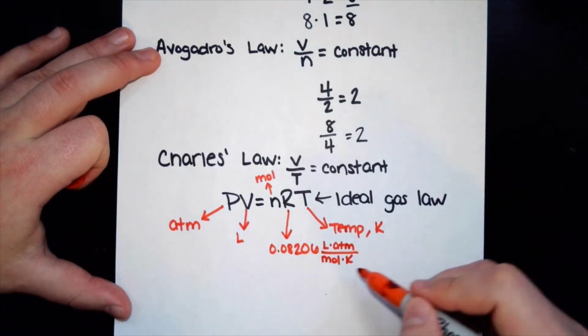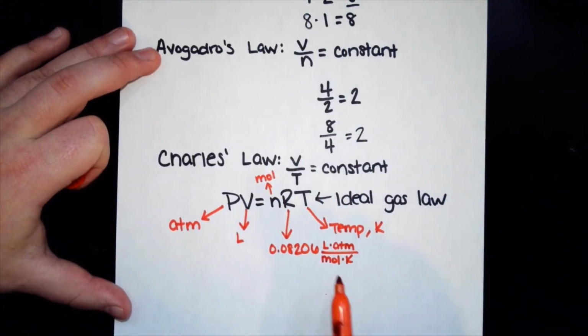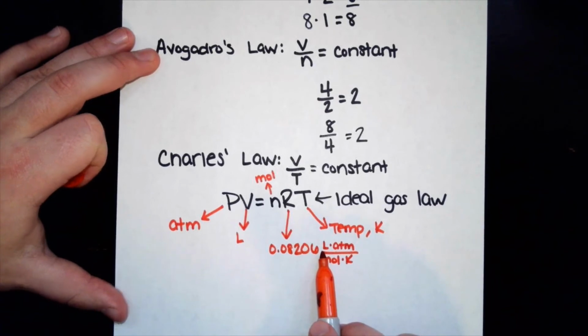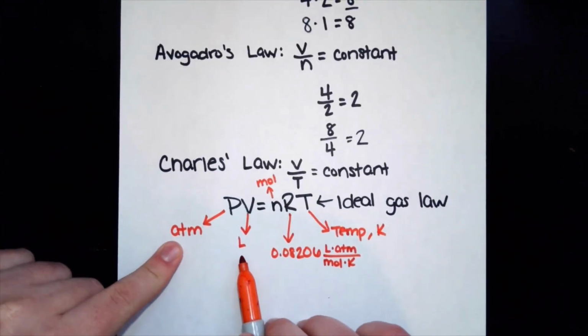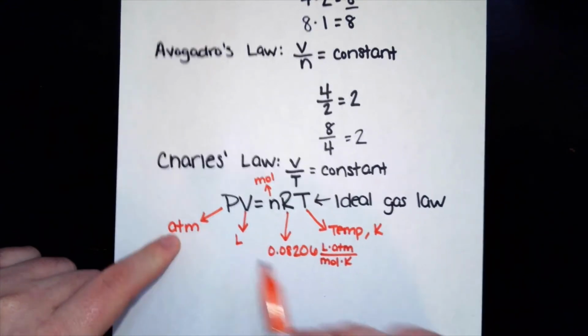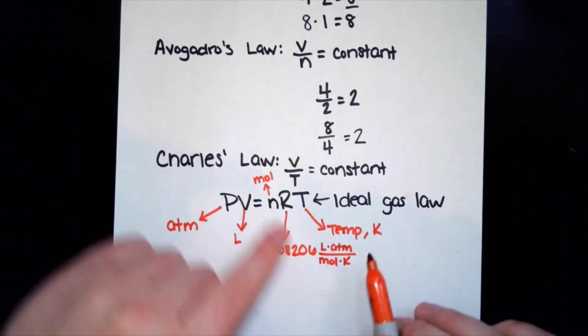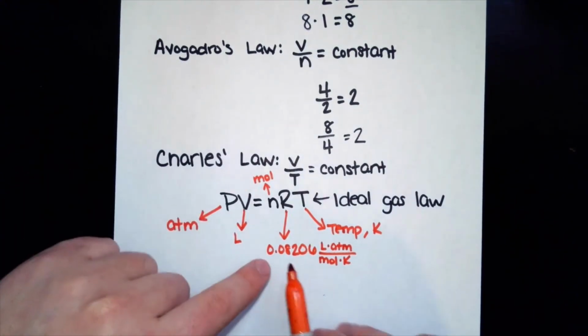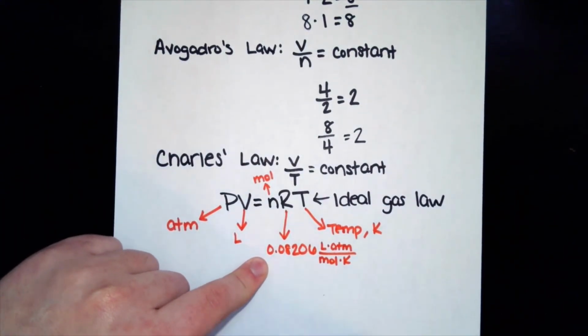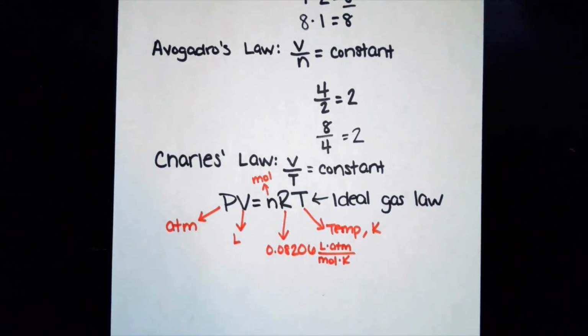That entire thing is the unit for R. And the way you can remember it is that the numerator is the units of the two things on the opposite side of the equal sign, and the denominator is the units of the two things on the same side of the equal sign as it. So it is a constant. It's always going to be that number. Okay? So that is the primary version of the ideal gas law.